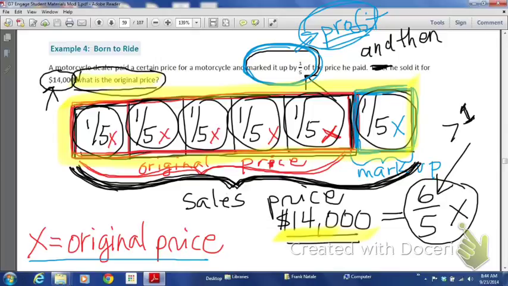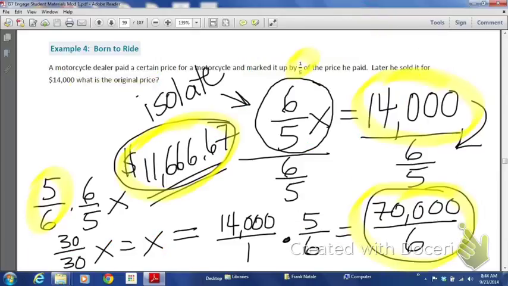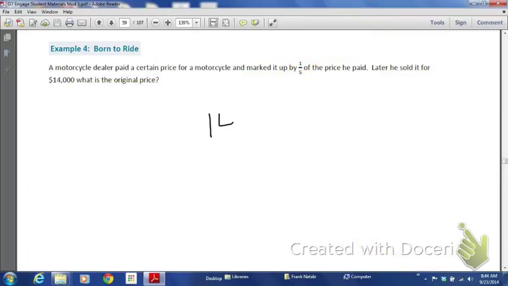Because what you're doing is trying to find out what each of these pieces is worth, and we'll know that if we divide. So let's divide 14,000 by 6.